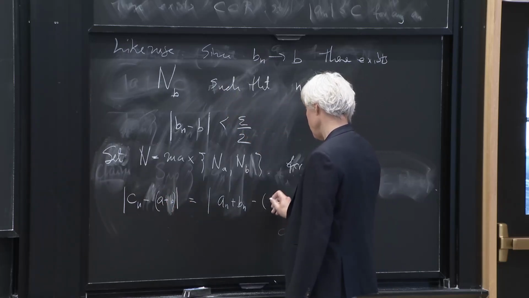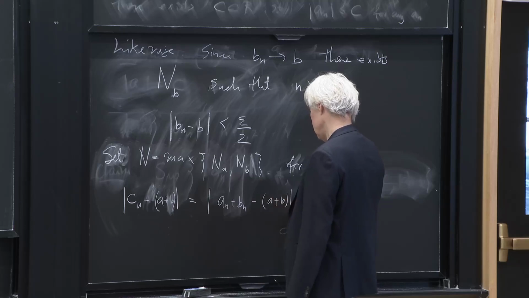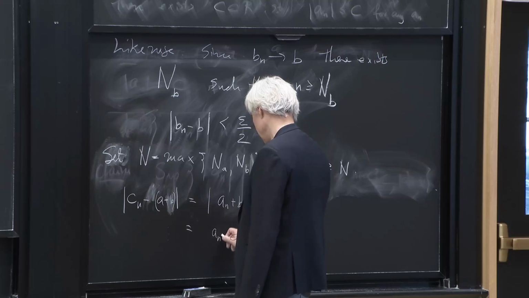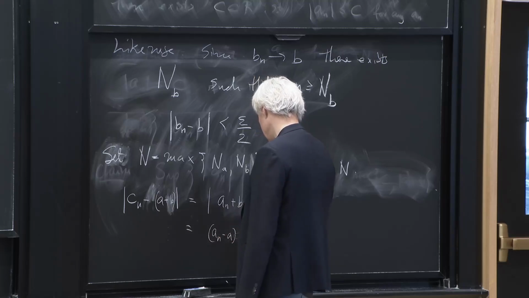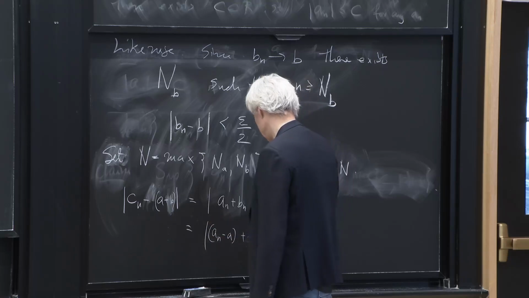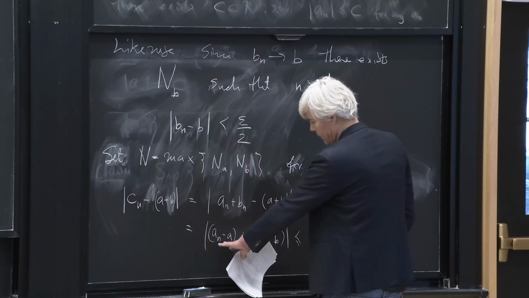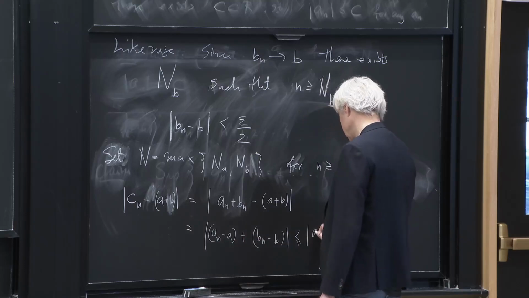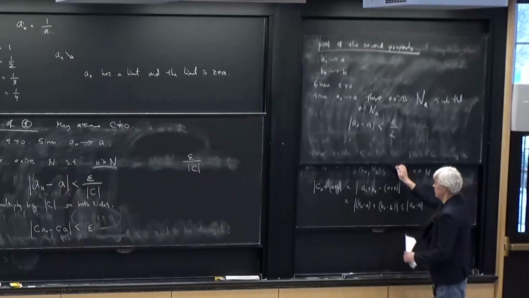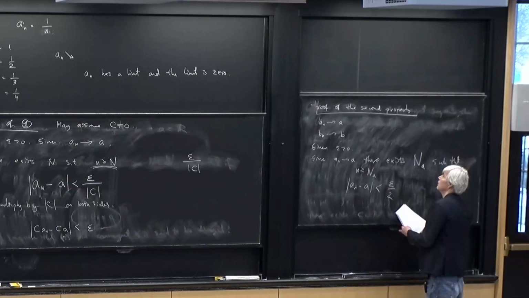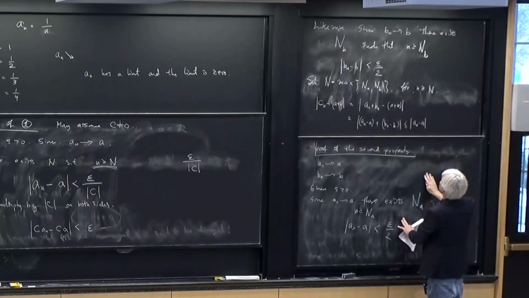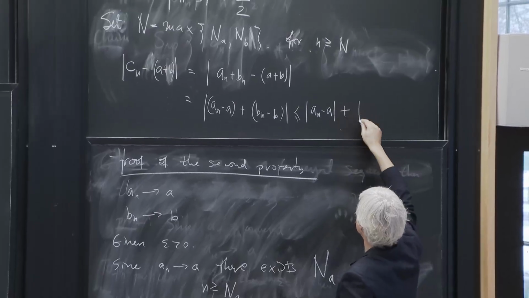Minus A plus B. But this you can write as (An minus A) plus (Bn minus B). And now you can take the absolute value of this. It's bounded by the absolute value of the first plus the absolute value of the second.